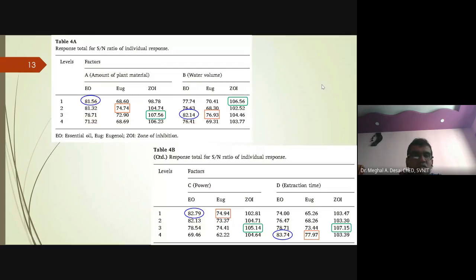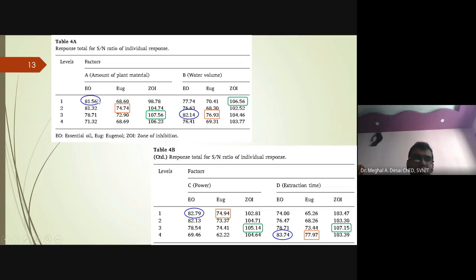Once the signal to noise ratio was calculated, the next step was to find the response total or level total signal to noise ratio. So this is essential oil, eugenol, zone of inhibition. Values are for amount of plant material or solid loading, then water volume, then power and extraction time. For each response, level total signal to noise ratio was found, and it is quite evident from this slide that each has a different optimum condition.